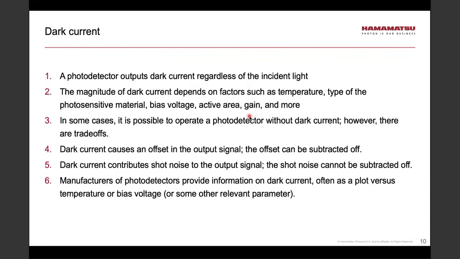So let's again look at some points relating to dark current. As already stated, there is going to be a flow of current regardless of the presence of light. The magnitude of this dark current will depend on many factors, such as temperature, and the type of photosensitive material, whether it's silicon or indium gallium arsenide or some particular type of photocathode in a PMT.